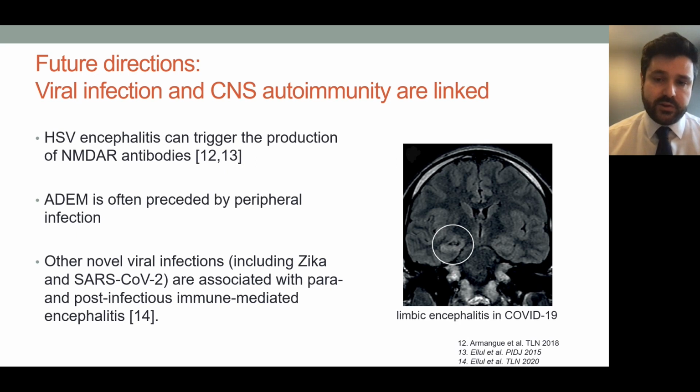So going forward, as well as validating some of the results of my study, I'm interested in trying to understand more about how viruses are triggering the immune system to cause damage to the host tissue, and ways in which we can use targeted immune therapies to try and interrupt this process and try and improve outcome for patients.